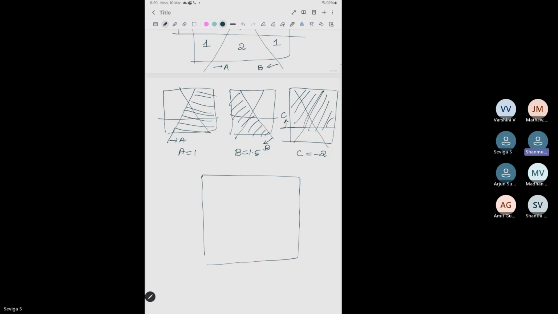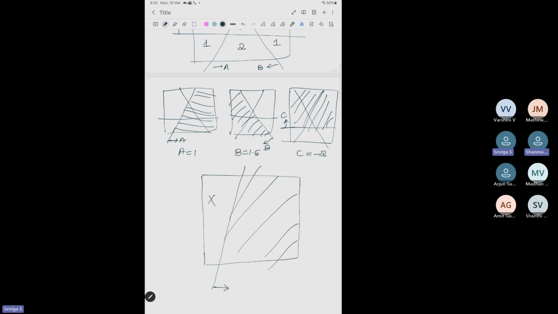Ma'am, how do we choose the positive side? So if you look here, I have put an arrow for A. A has 2 parts, and you can take any side as positive. I have indicated the arrow mark, so this region is positive, this region is negative.